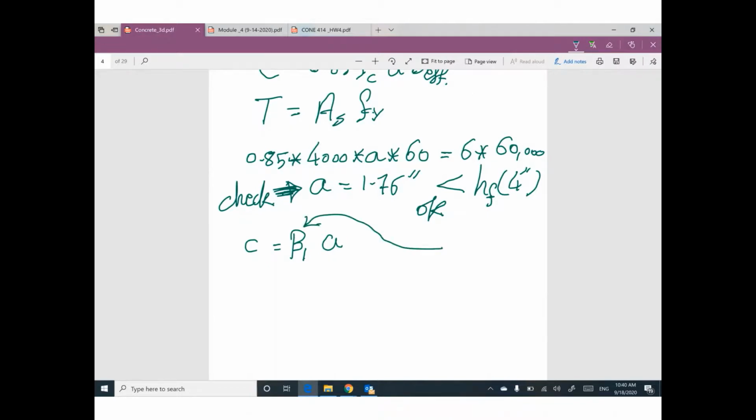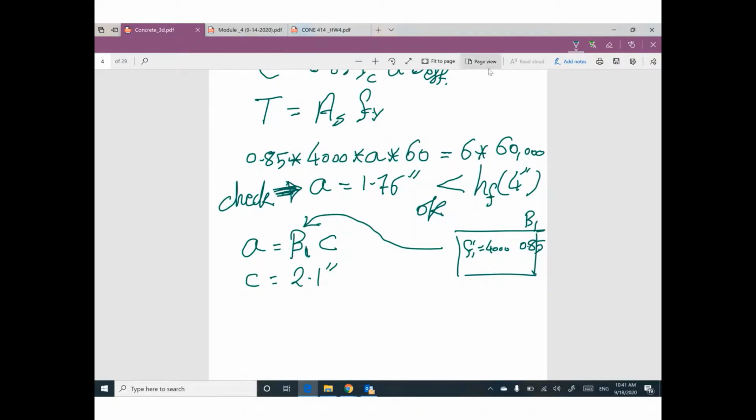Yeah, we have a table. f'c equal 4,000, so beta 1 will be 0.85. I'm sorry, guys. a equal beta 1 times c. So c will be a divided by 0.85, which is 2.1 inch.